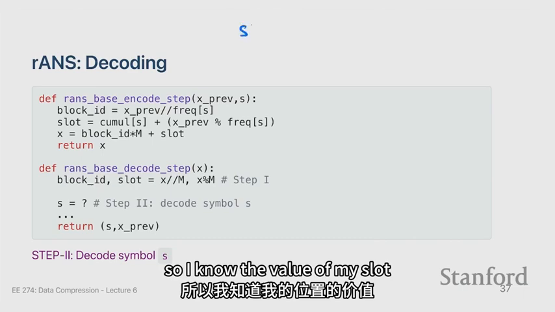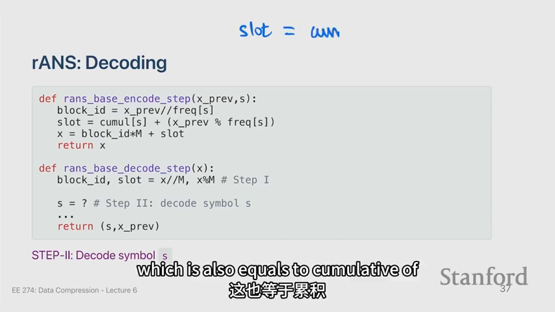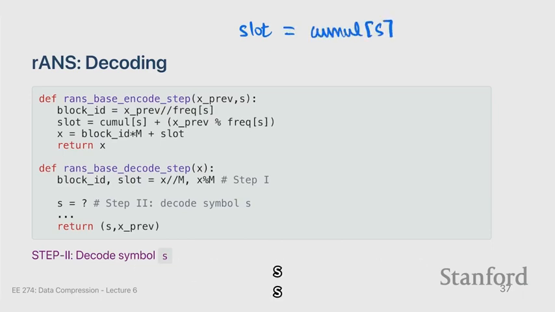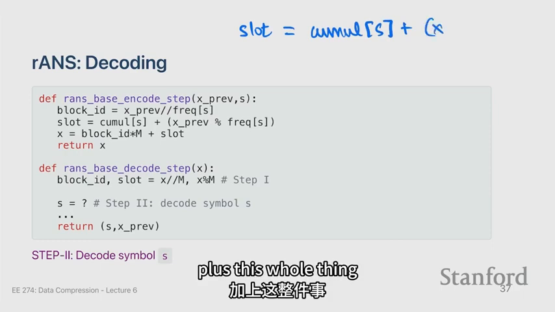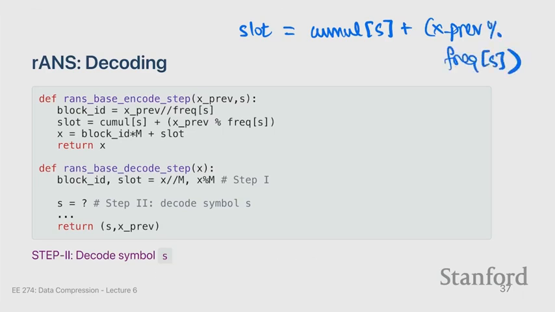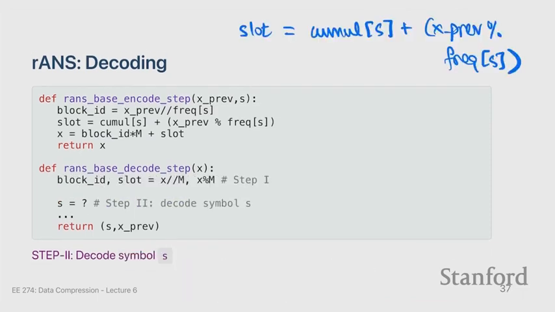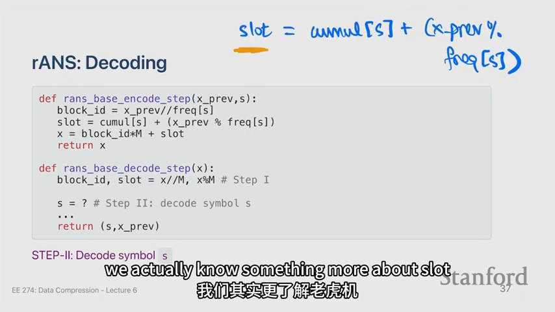So I know the value of my slot, which is also equal to cumulative of S plus this whole thing, X previous modulo frequency S. Here is a hint. We actually know something more about slot, right?